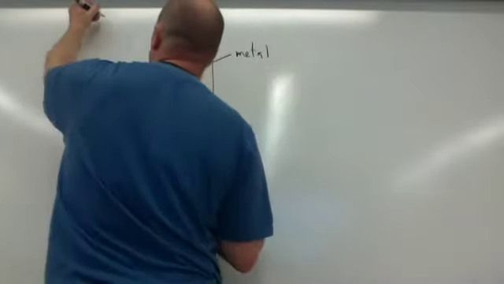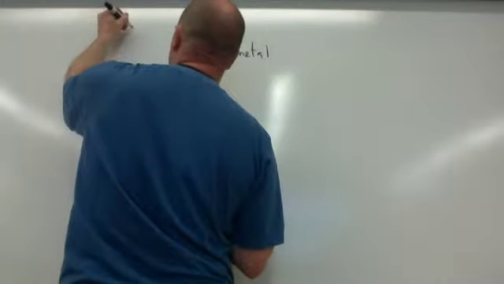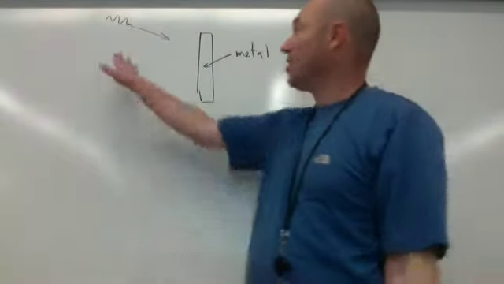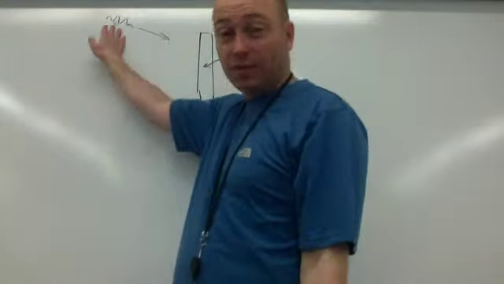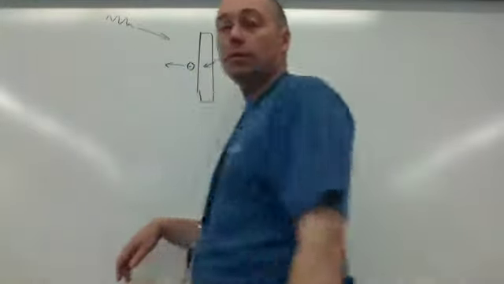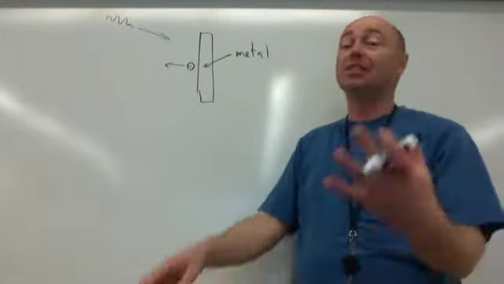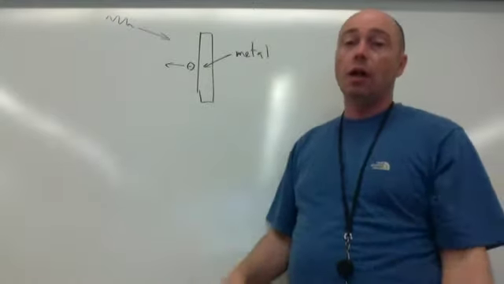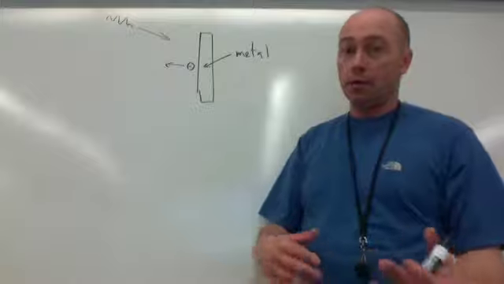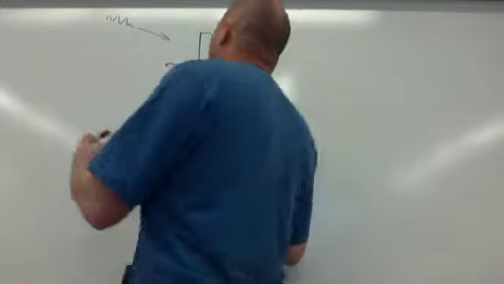You start with a photon coming along and it's going to hit the metal. As long as the photon has a high enough frequency, you're going to knock an electron off, and that electron is going to be moving, which means it has kinetic energy. And then you can do stuff like power a calculator or whatever.